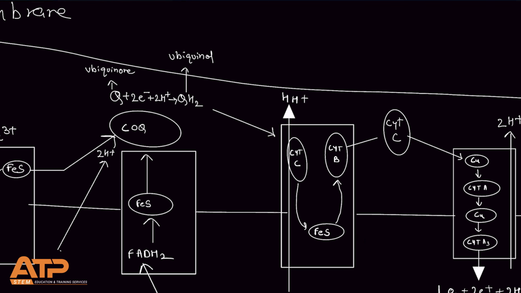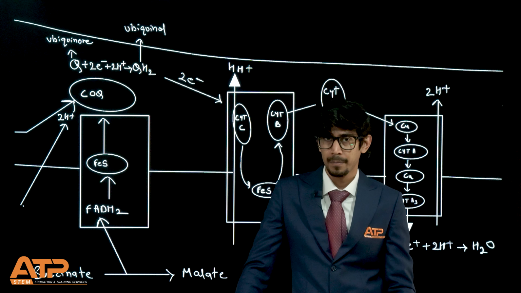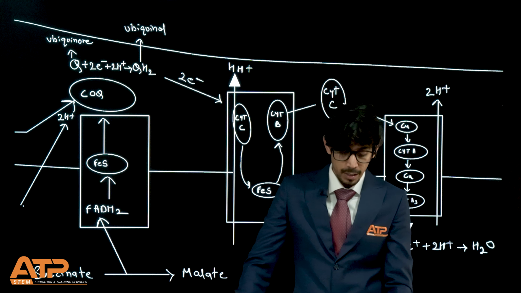So these two electrons go to cytochrome C, then from cytochrome C to ferredoxin, from ferredoxin to cytochrome B. After all this journey, the hydrogen ions are also pumped into the intermembrane space, and the electrons ultimately are taken up by cytochrome C, which is present in between these two complexes, complex 3 and complex 4. Now remember, what was the name of complex 3 here?